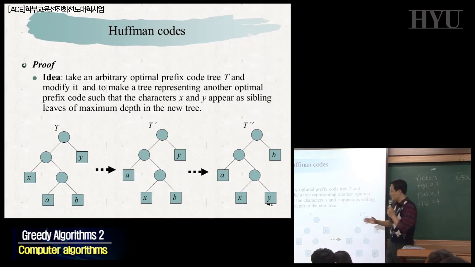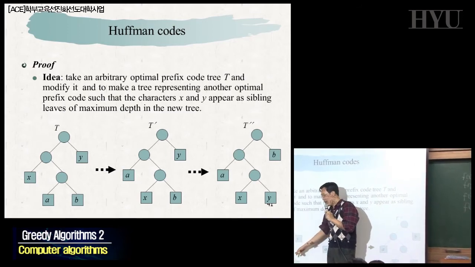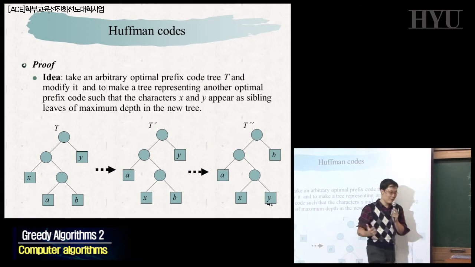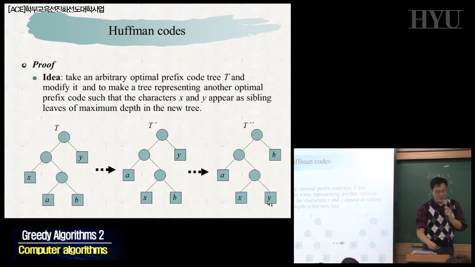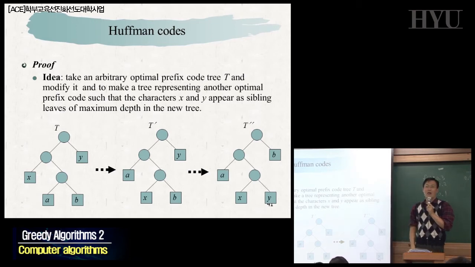Okay? Assume that there is an optimal tree where x and y are not siblings. Then let's see this. First, exchange x with a. Then how about the cost of T prime?